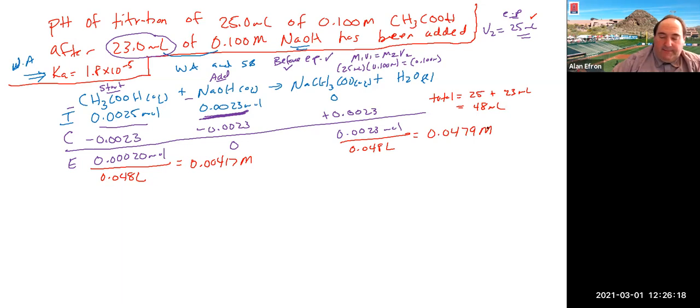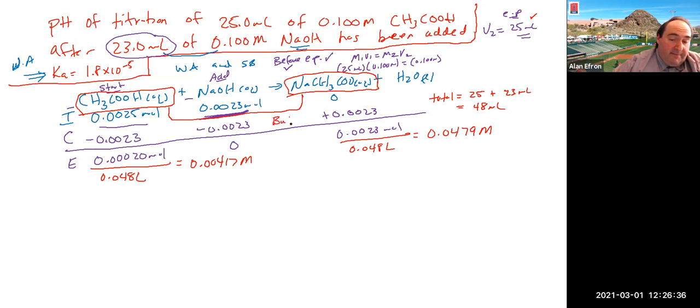All right, so at this point, again, what you have left, if you're not sure what's going on, is you have acetic acid, you have sodium acetate, and you hopefully should see that those two are related to each other.